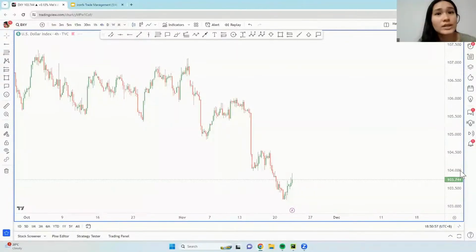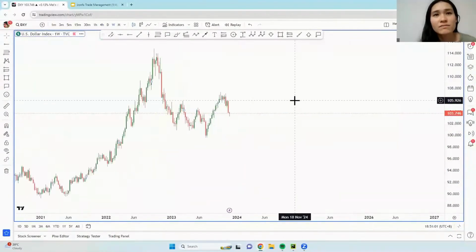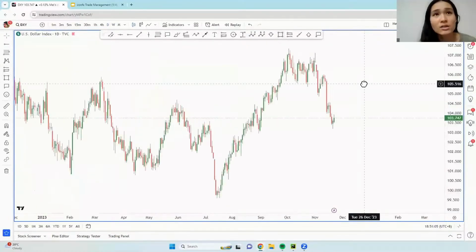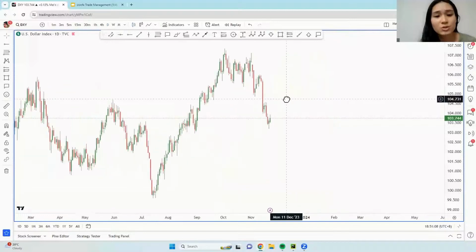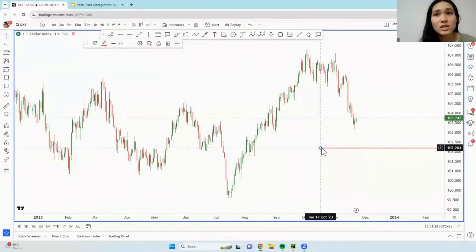So you can see on our weekly time frame, prices are, I mean, it's kind of ranging, but it looks like prices are dropping here. And our daily time frame also makes it look like it's kind of dropping. But let's take a look here.